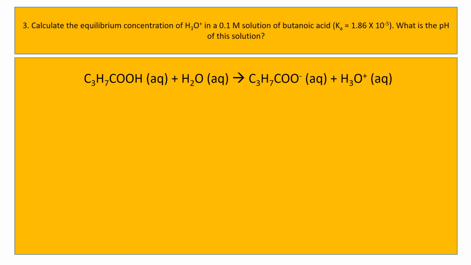Butanoic acid donates a proton and we get H3O plus ions. So I write out an equation here that describes the acidity constant, the concentrations of the products divided by the concentration of the reactants. And you'll note again, I negate H2O here.